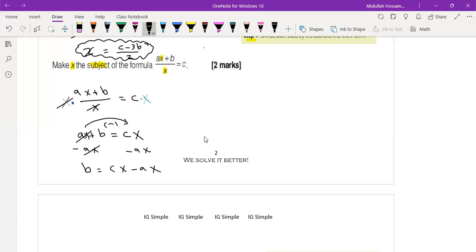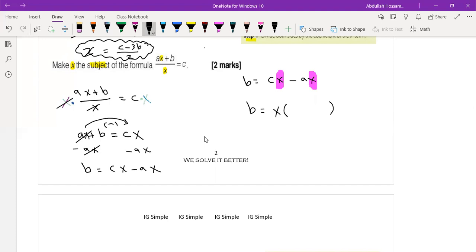Now here you have b equals cx minus ax. Teacher, I noticed that x is written twice. Yes, I have x and x here. So yes, I can factorize. You write b equals, and x is a common factor. From cx, how can I factorize?